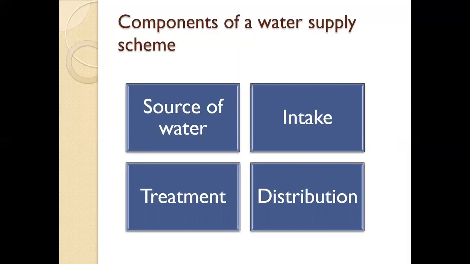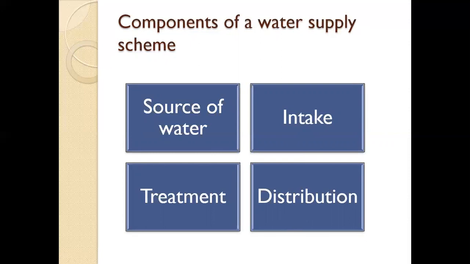Anyway, the water should be collected from the various sources within a town or city, and then through the intake structure, the water is conveyed to the treatment plant. As we know, the water supply scheme should ensure the quality of the water also.